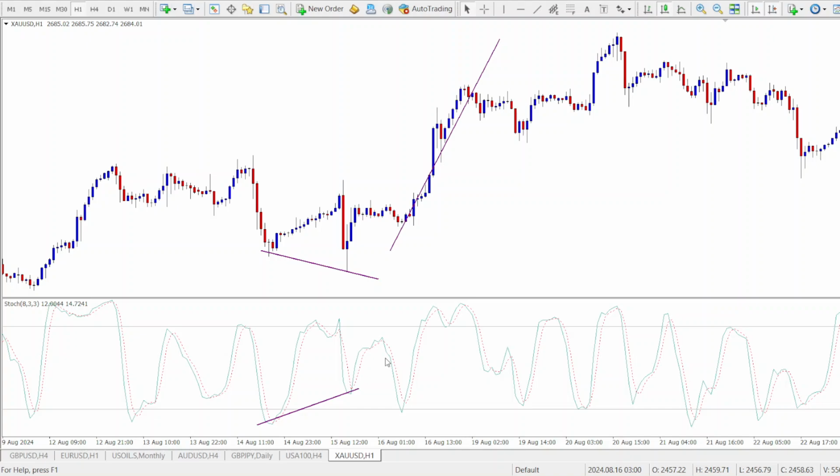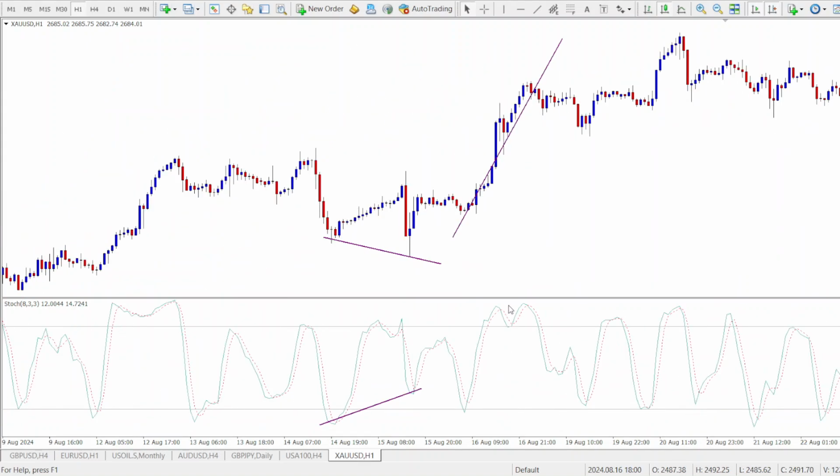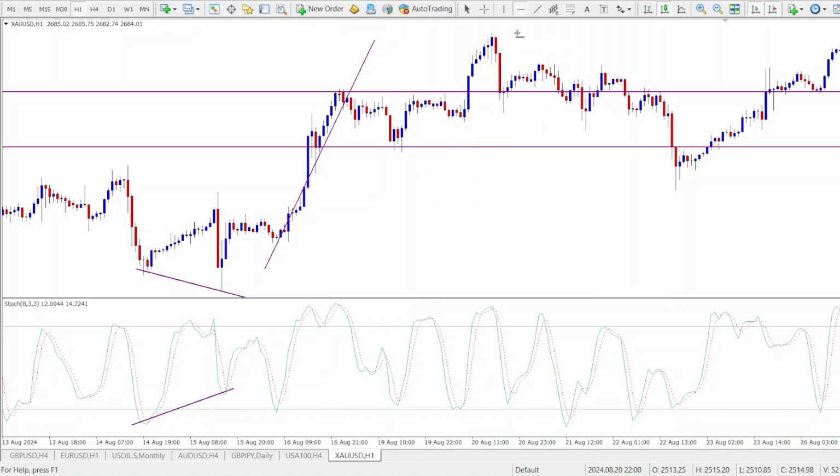All right, now for those who want to use the stochastic oscillator, whether for the divergence strategy or just the usual buy and sell signals, the crossovers and overbought and oversold territory, it's important that you also consider support and resistance levels, because they are very important levels on every trader's chart.